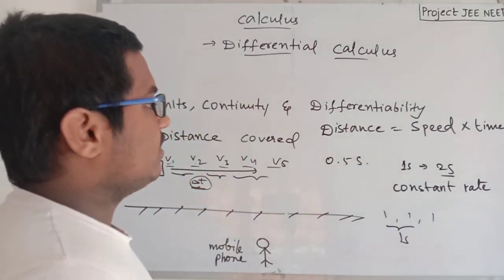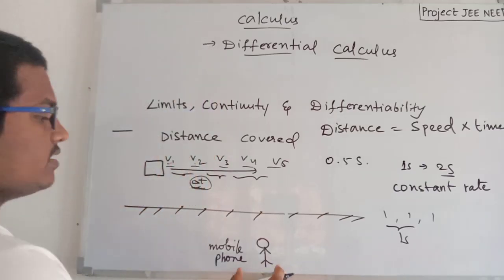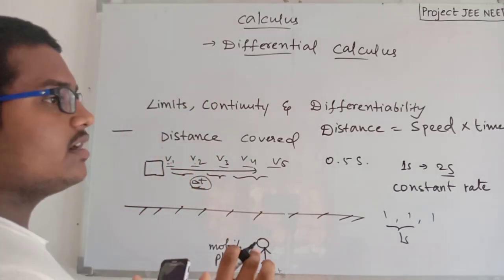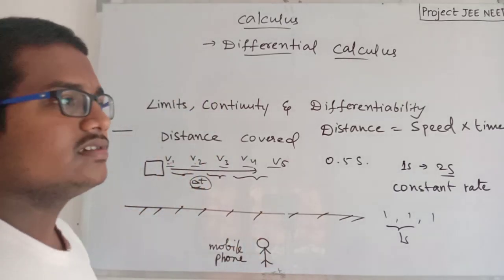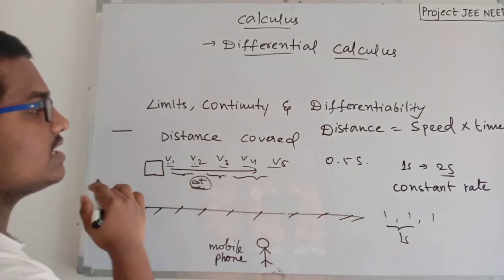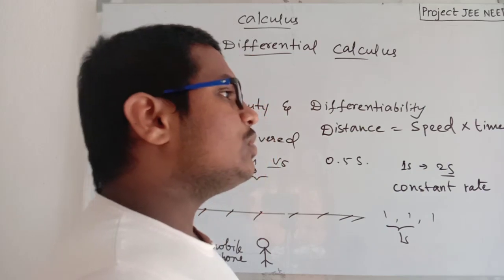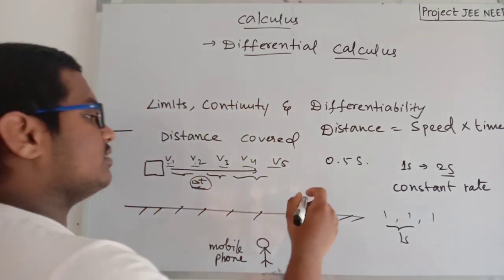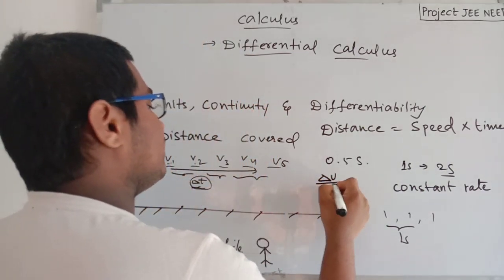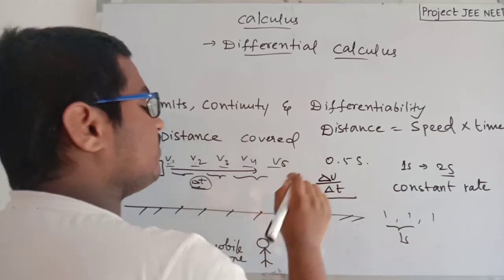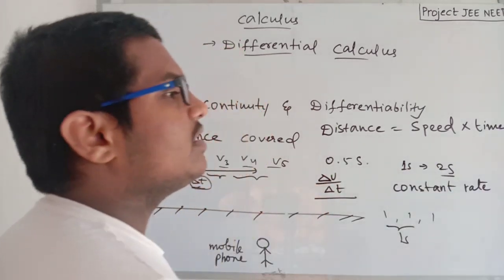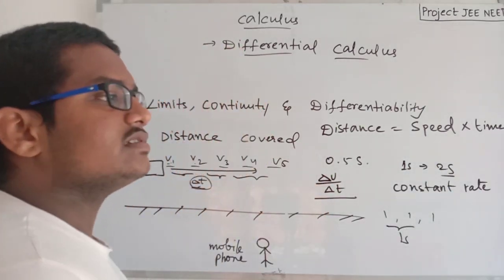So you come again and stand here and take lots of shots, with the same interval of time and same distances and same v1, v2, v3, v4, v5. You add all the velocities, delta v by delta t, for all the intervals of time, and measure the distance.